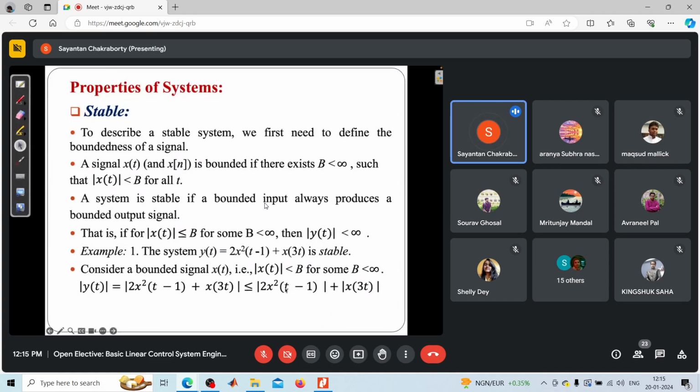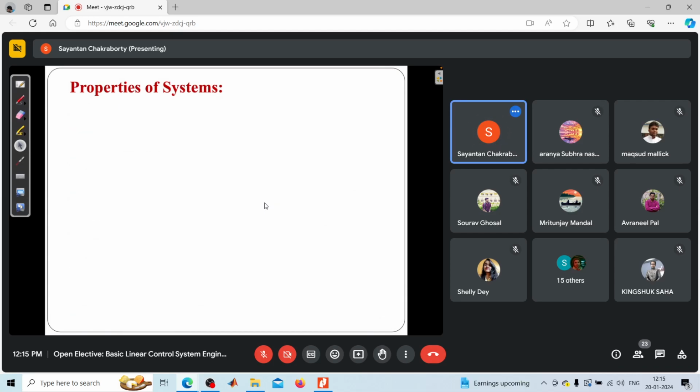By definition this is less than 2B² and this is less than B, and since B is finite, this is also finite, less than infinity. So y(t) is also bounded by some finite boundary, 2B² plus B. So you can say this system is a BIBO stable system, right? This is an example of a BIBO stable system.